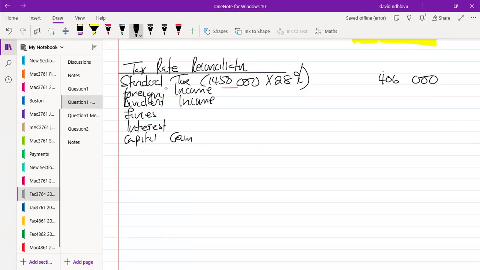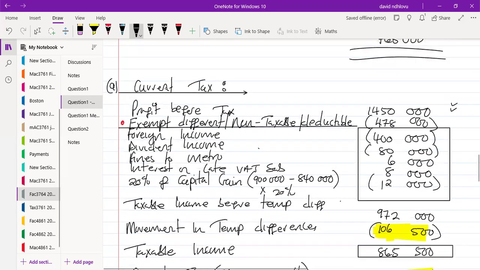Right, remember here on the 1,450, we have already calculated the tax component here. But when we were calculating the current tax, it was before applying taxation. So you will see that here we had 400,000, 8,000, 6,000, 8,000, and 12,000.